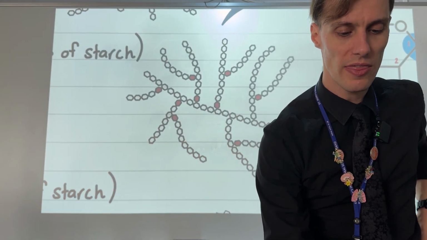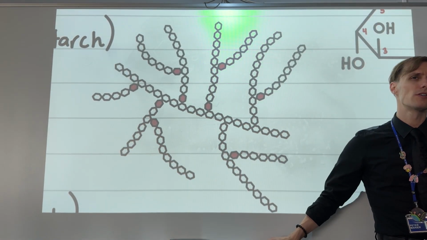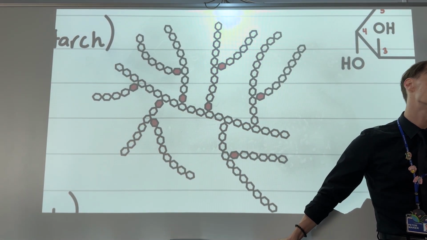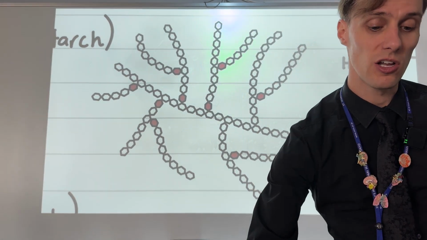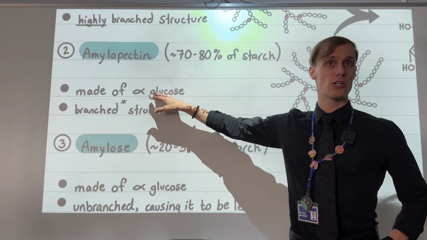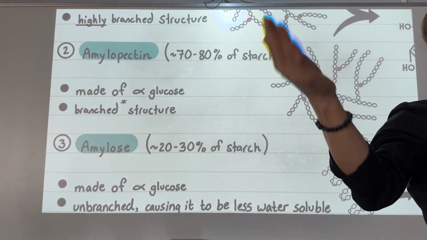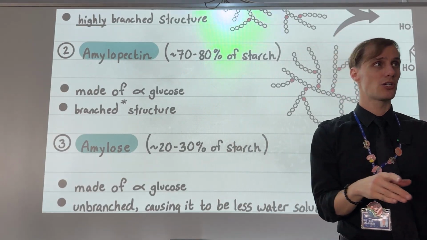Now if you take a look at this molecule, you may be wondering, this looks really similar to glycogen, and you'd be right. They have a lot of similarities. Similarly to glycogen, they are entirely composed of alpha glucose. Similarly to glycogen, they are also branched.